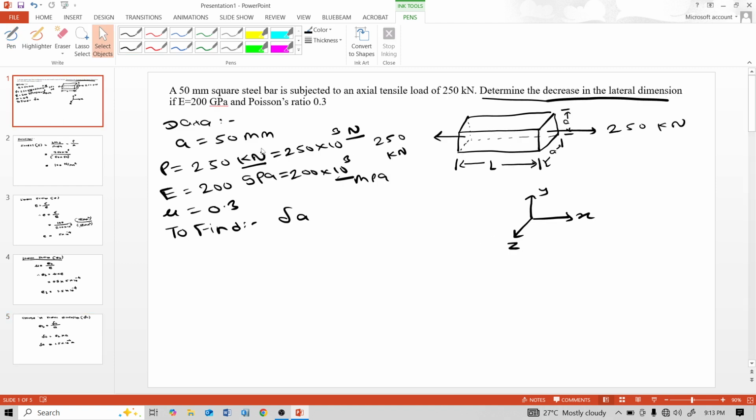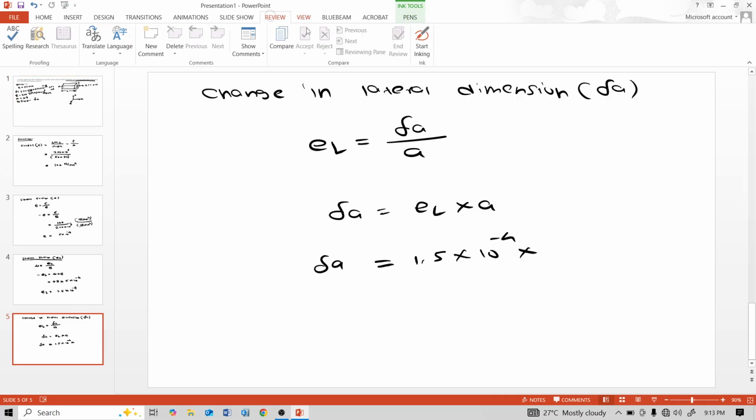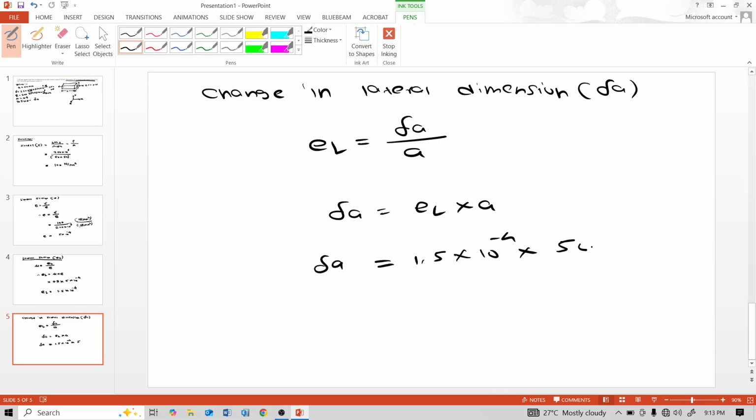This lateral dimension A is 50 mm. So 1.5 into 10 raised to minus 4 into 50 is 7.5 into 10 raised to minus 3 mm.